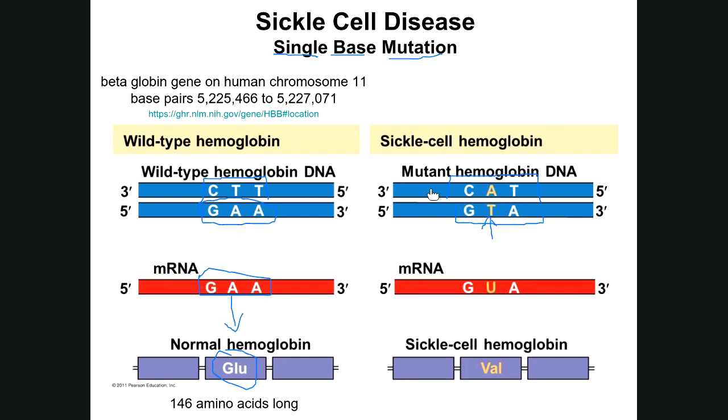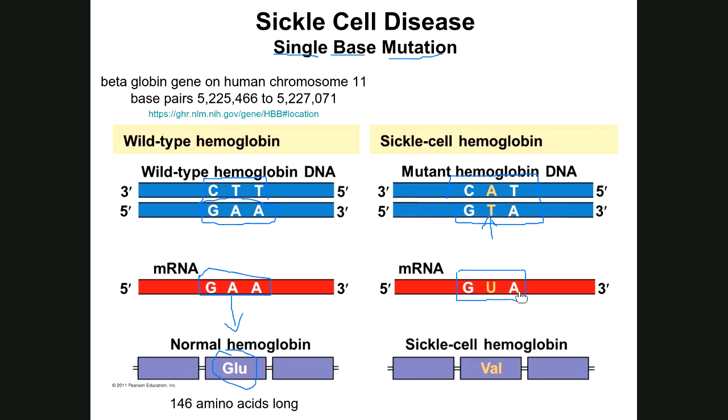But what happens now is when RNA polymerase uses this reverse strand as a template to synthesize mRNA, instead of the mRNA having the codon GAA, we now end up with a codon that is carrying a single base mutation. It reads GUA.